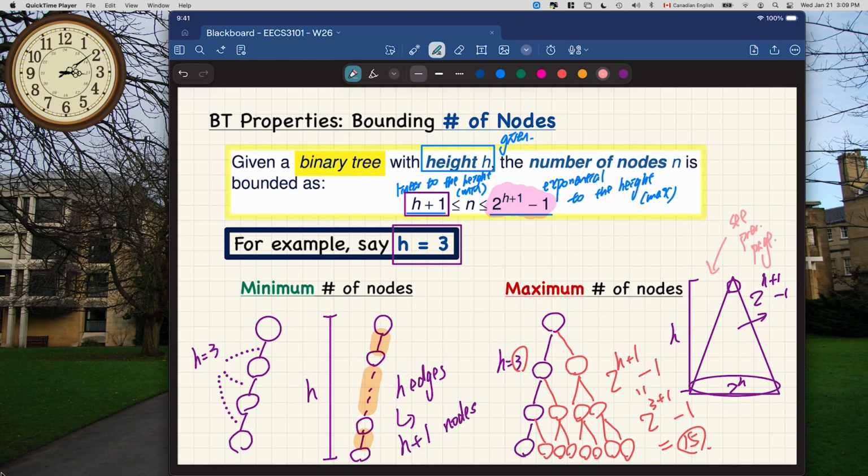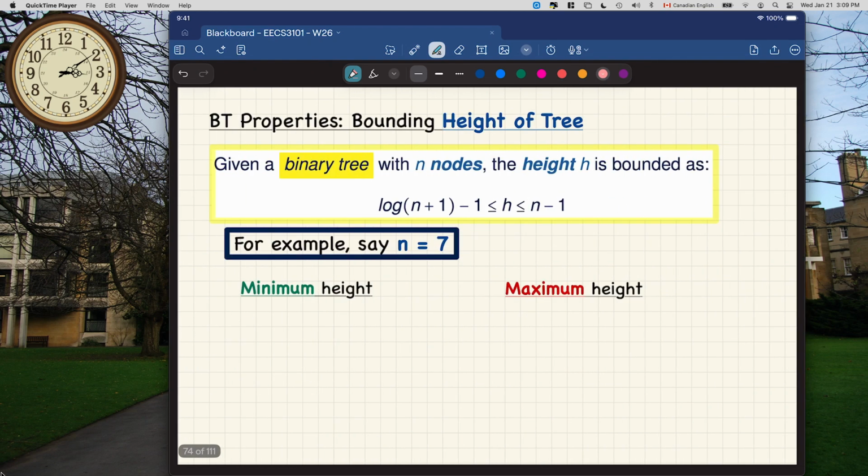All right, question. So the bounds over here are saying given height, we want to figure out nodes. Let's talk about the symmetric direction. Given the nodes, given n, what will be the height? Let's see. This will be the final property we want to see.